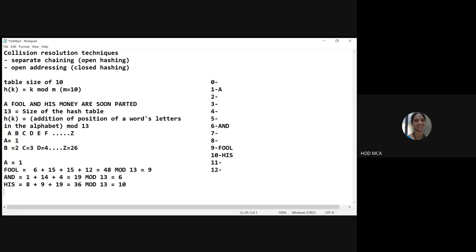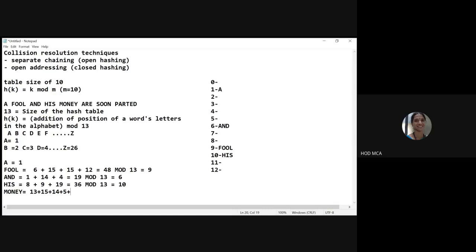What is the next word? Money. Money is our next word. Let us calculate for money. M is 13. O, we have already seen, is 15. So 13 plus 15 plus N is 14. Then we have E, E is 5.